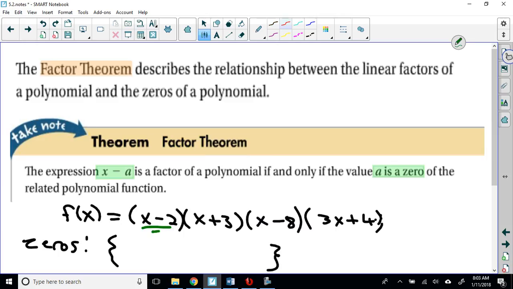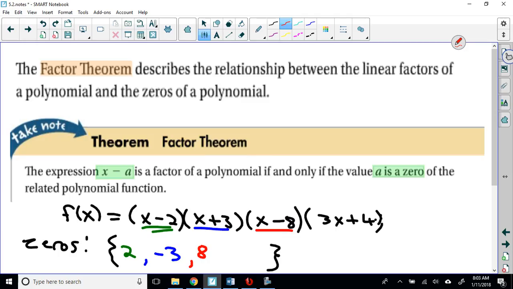This factor of x minus 2 tells us what is a 0. 2, good. This factor of x plus 3 tells us what is a 0. Negative 3, cool. This x minus 8 tells us what's a 0. Positive 8, good. Be careful on the last one.